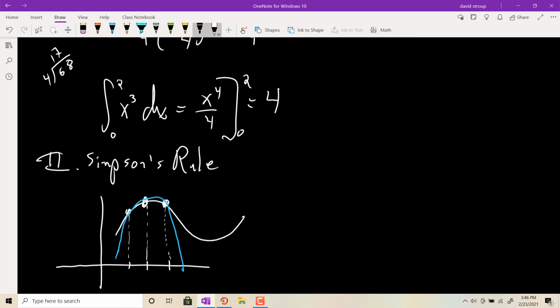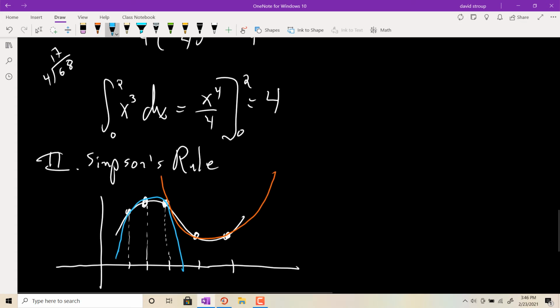So, you know, if you needed to extend this a little bit, you can get maybe another triplet here, here, and here. And then for that interval, you're finding the area maybe underneath this parabola. Okay. And we have formulas to do that.